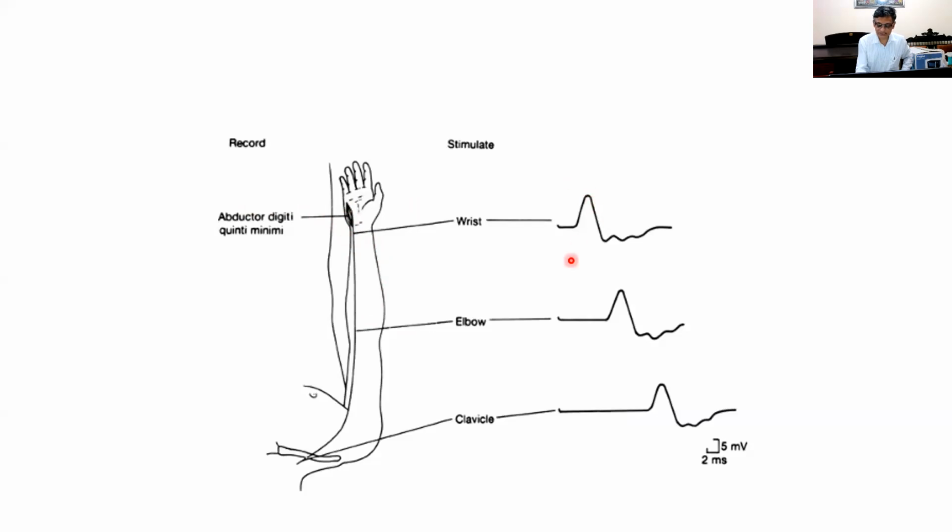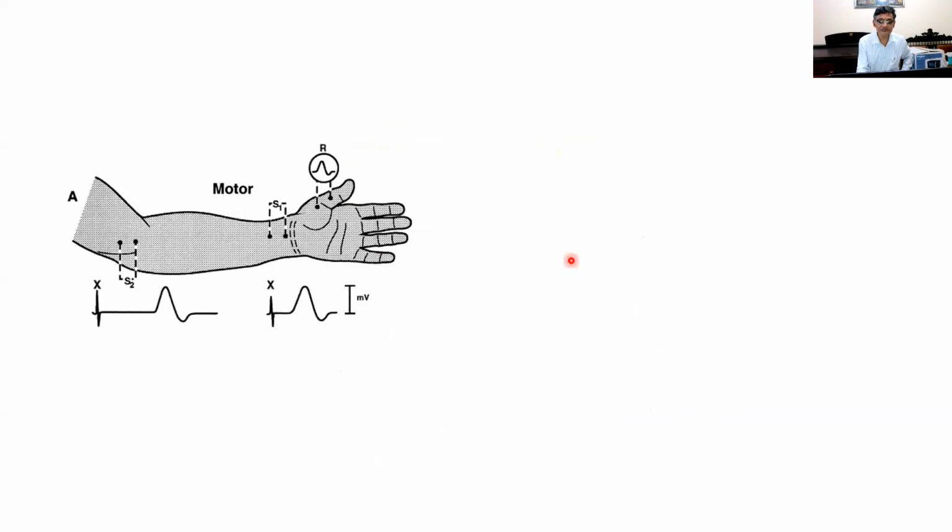And one more thing that you need to pay attention to is that wherever you stimulate, it is the same nerve. The final outcome is the stimulation of the same muscle, and therefore, if you give a supramaximal stimulus at this side as well as at this side, or even above at the axilla, the final waveform should be similar. If you get a different wave shape here, you are not stimulating the same nerve, right?